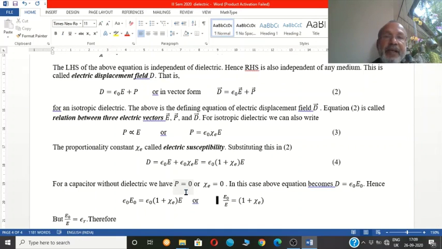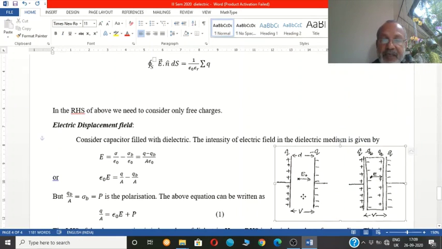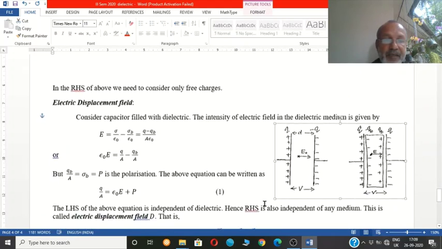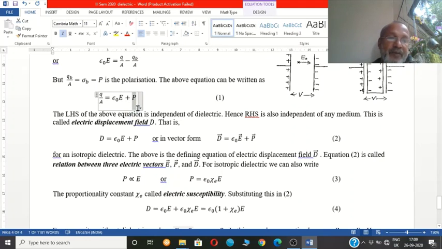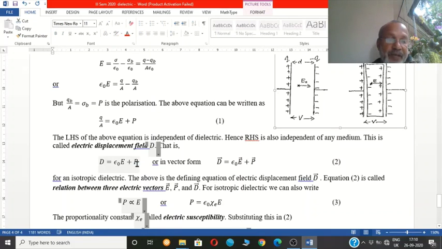If you take air or vacuum, then the polarization will be 0. For air, the polarization or induced charges will be very, very small, and in vacuum there are no atoms, so polarization will be 0. For vacuum we can put P equal to 0 and E equal to E0.